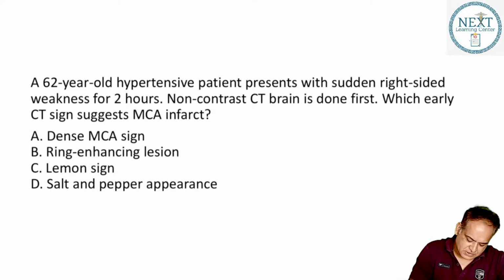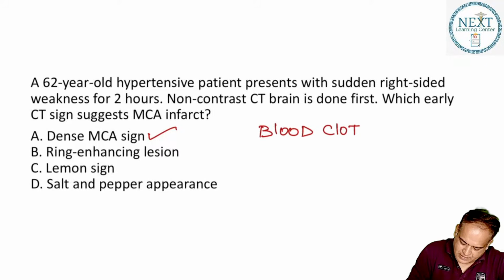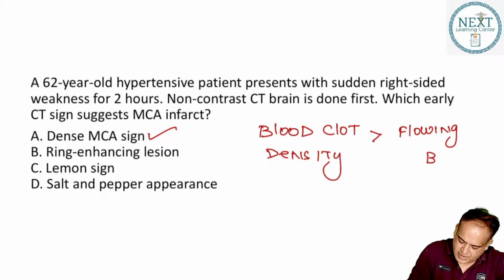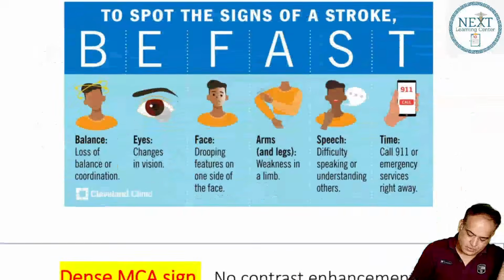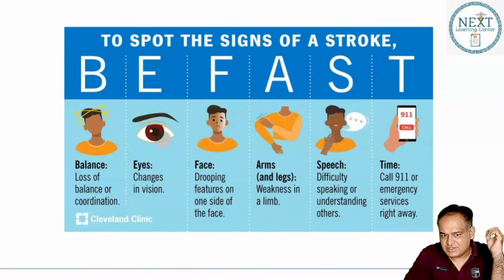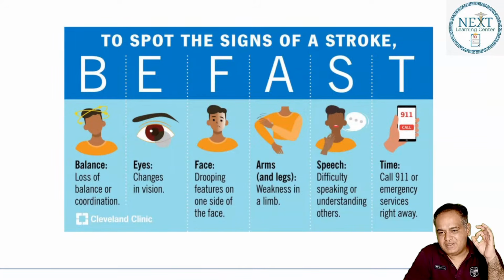Yes, dense MCA sign. Remember, blood clot density is much more than the density of flowing blood. When you get the CT scan, you will see the signs of the clinical features of stroke.